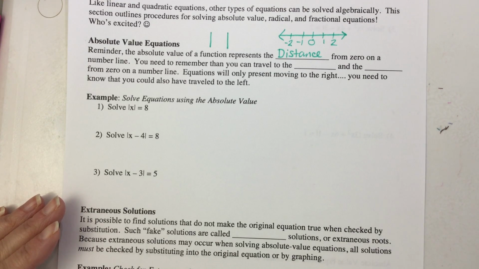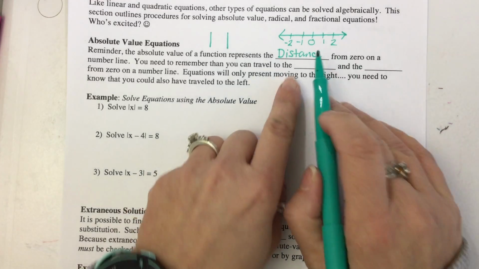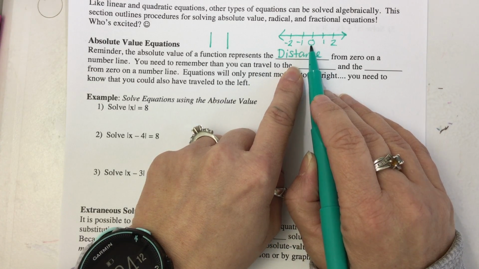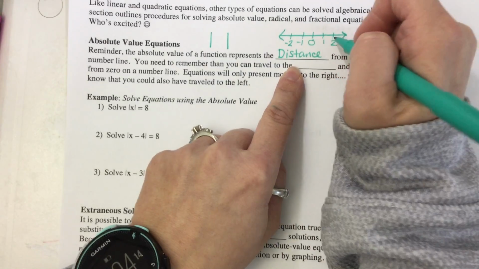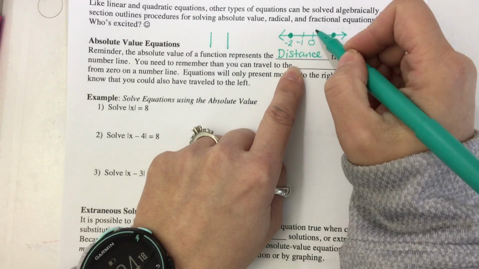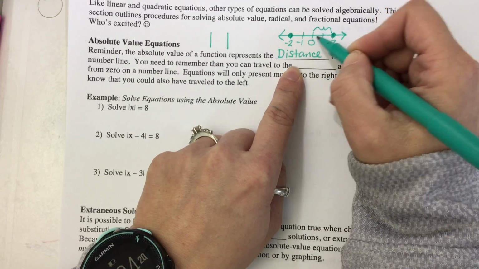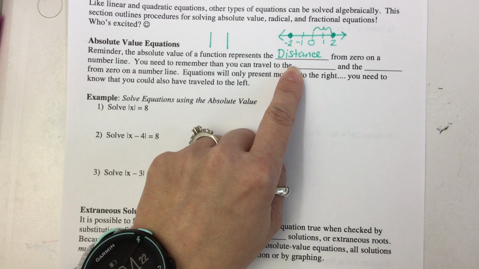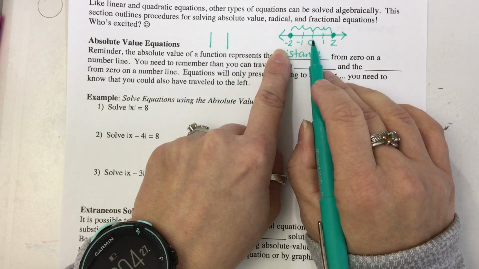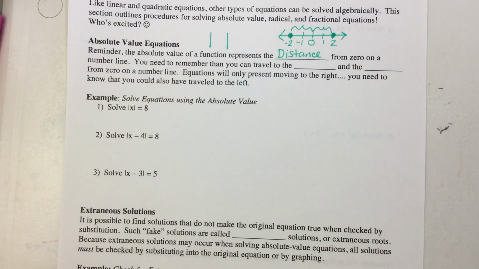When you're talking about absolute value, you're asking how far that number is from 0 on a number line. So 2 and negative 2 have the same absolute value, because 2 is 2 units from 0 going to the right, and negative 2 is 2 units from 0 going to the left. They are both the same distance from 0.